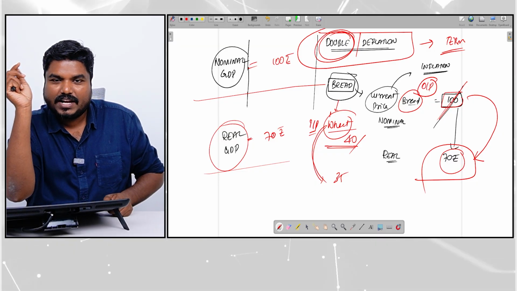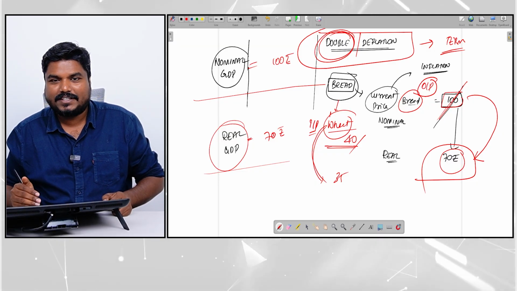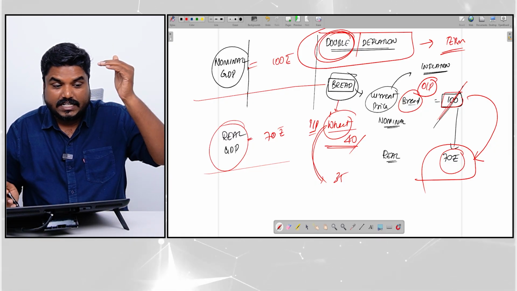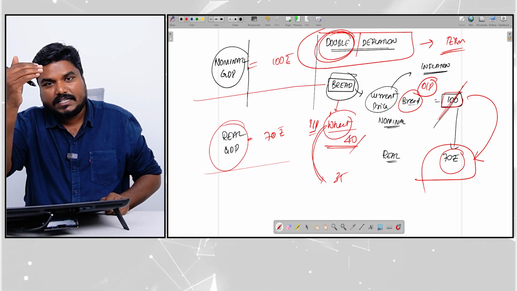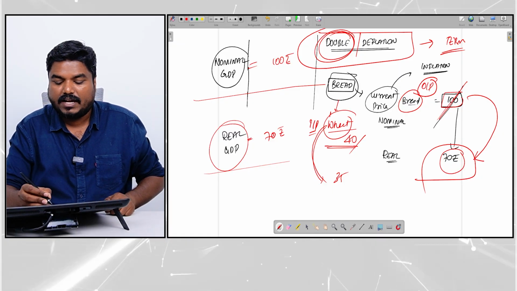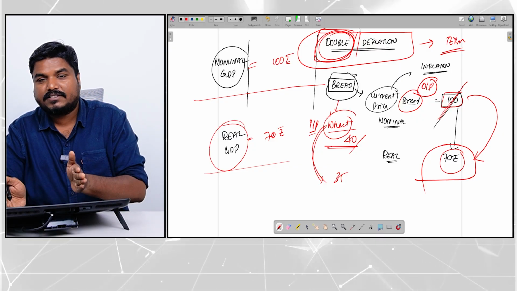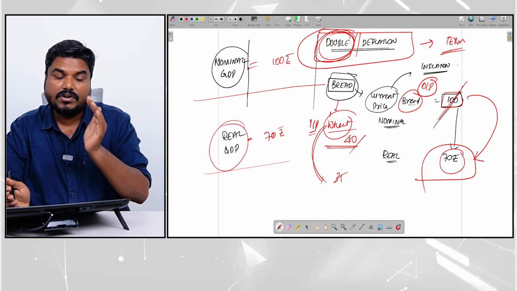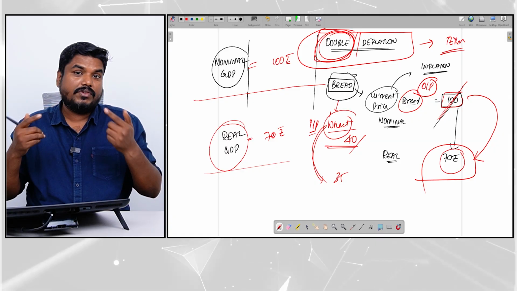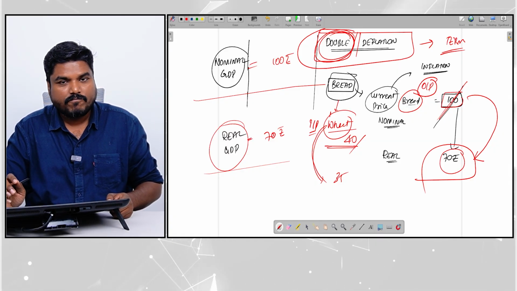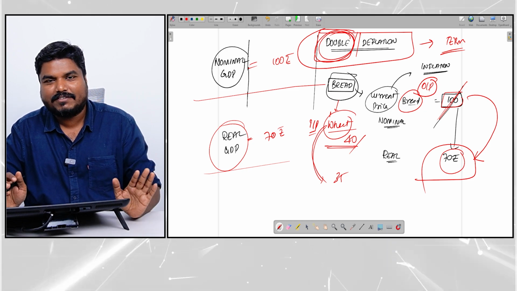Here we are adjusting only the output price. Adjust also the input price and then you calculate. Adjust the input price for inflation, adjust the output price for inflation. That is called double deflation. It's just a concept. Just understand this. Output is also adjusted, input is also adjusted. If you are going to think beyond and put some numbers and calculate, then you will be confused. From our exam point of view, this much is sufficient.